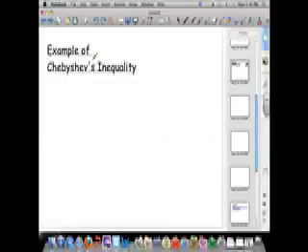Right, now for an example of how to use Chebyshev's inequality and some possible problems with the estimates that it gives.